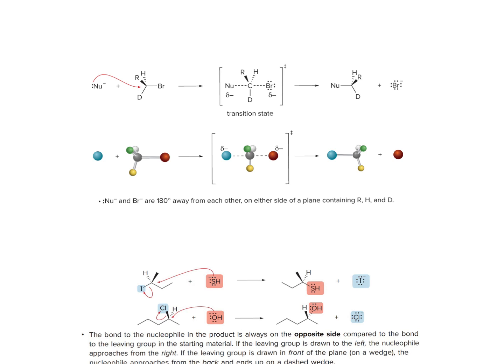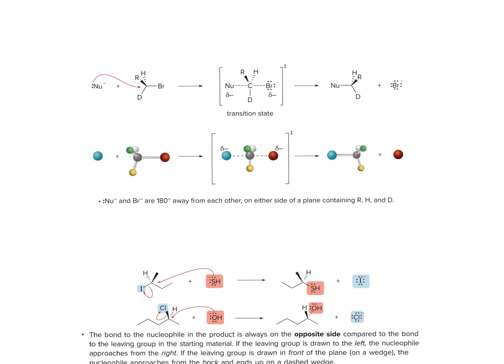And we see these partial positive charges. What we see is that the nucleophile and the bromine are always about 180 degrees from each other. And I like this image here because I feel like it really shows that inversion of configuration, right? Where you start out with one enantiomer and you end up with a different enantiomer.